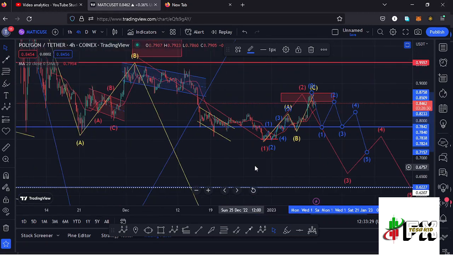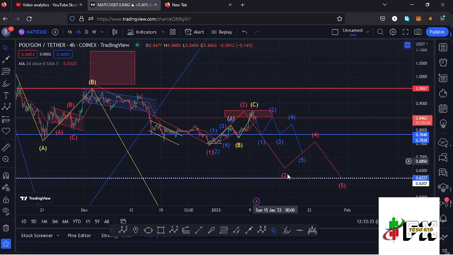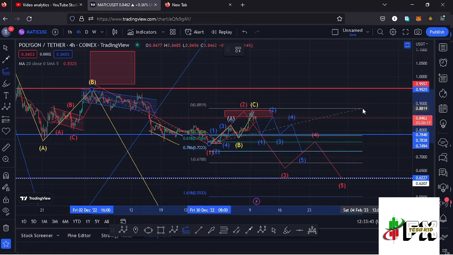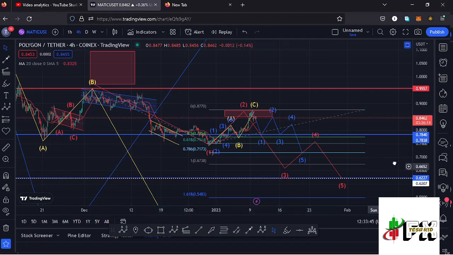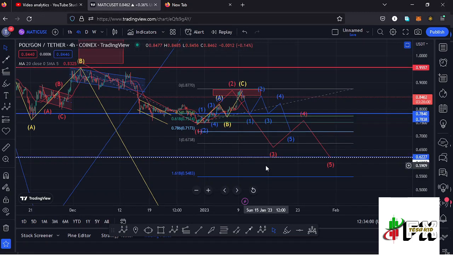And maybe using the fib ratios 1:1, we can sketch out a minimum target area to the lower side by connecting the trend-based Fibonacci from the high of that wave 1 to the low of the wave 1, then dragging the fibs to the high of that wave 2, and that gives me a minimum target area using the fib ratios 1:1 at around the $0.87 mark, and using the fib level 1.618, we can get a target area back to around the $0.5483 mark. So let's be patient and see how that plays out here on the Polygon Matic chart.